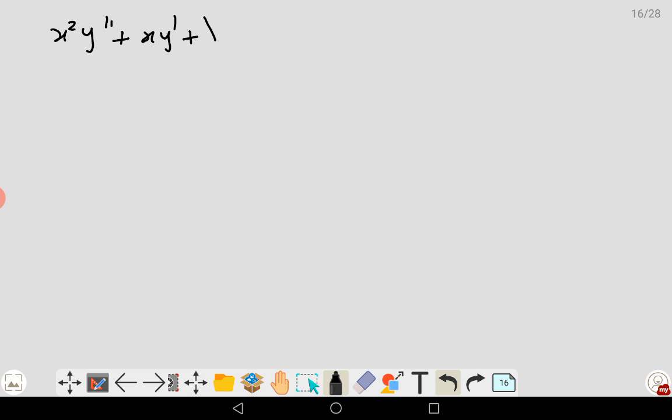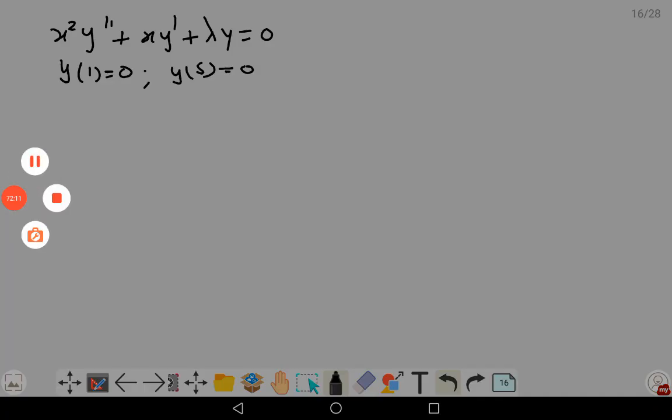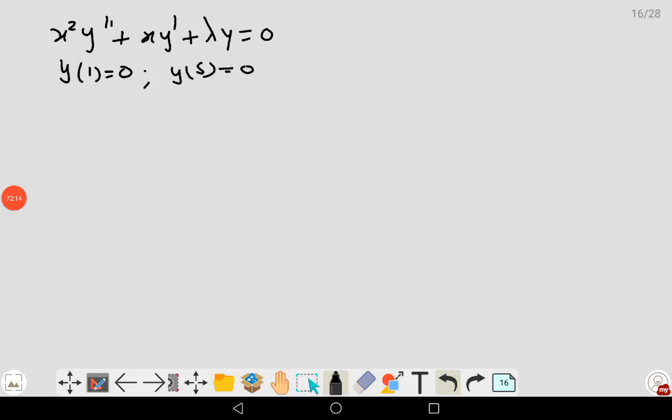Given is x square y double prime plus x y prime plus lambda y is equal to 0. Boundary conditions are y of 1 is 0 and y of 5 is 0. So we know the lower limit is 1 and the upper limit is 5.